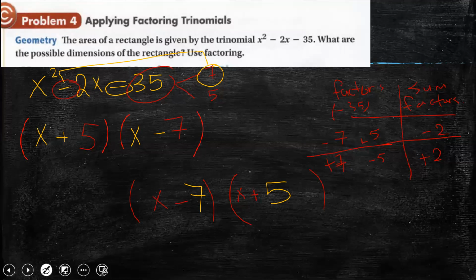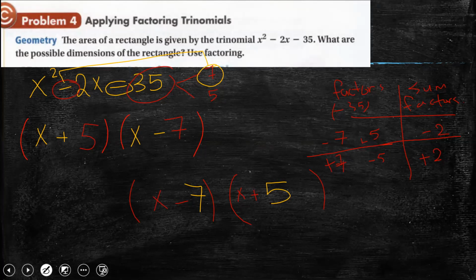As for me, if I want to factorize a trinomial, I will not use the table because I am familiar with it. Here I have a negative sign, so one is positive and one is negative. Then I put in my mind the factors of 35: 7 and 5, and the difference between them is 2. Yes, it could be.